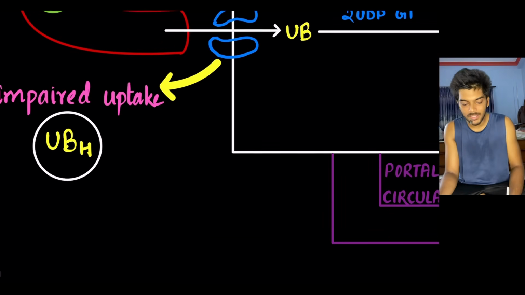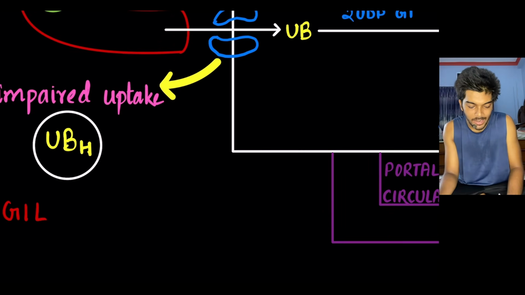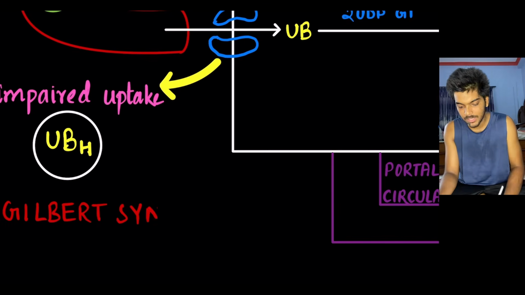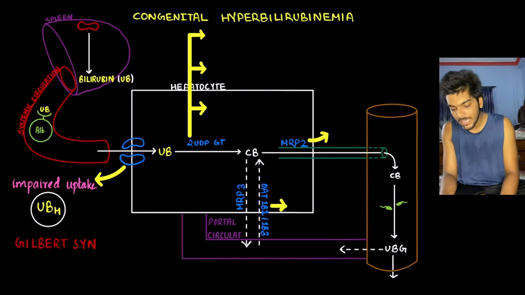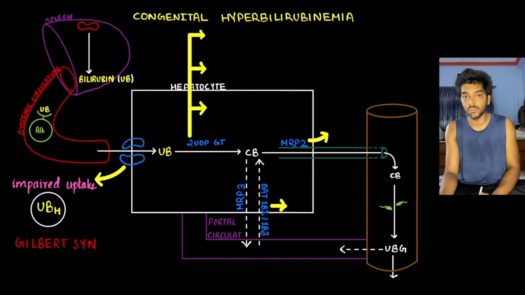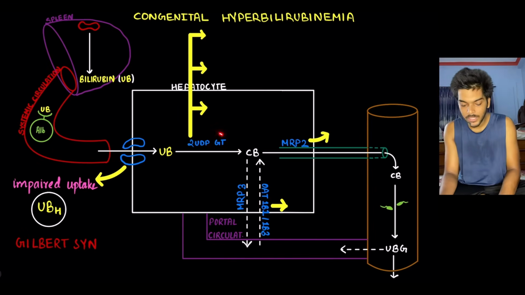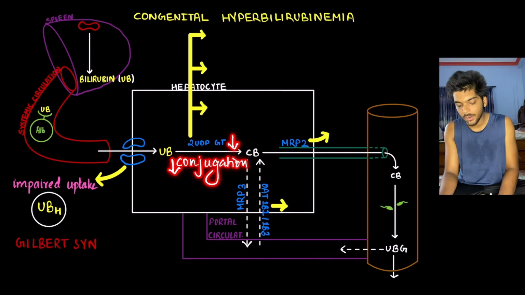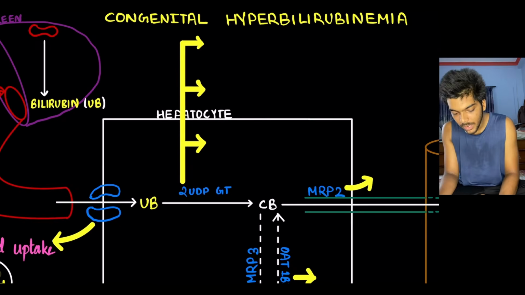And this condition is seen in which syndrome? It is seen in Gilbert syndrome. Okay, so that's the first congenital or genetic defect. Second is a genetic defect that leads to deficient production of glucuronosyl transferase. Glucuronosyl transferase is responsible for the process of conjugation. So if there is deficiency in glucuronosyl transferase, conjugation will not take place, leading to accumulation of unconjugated bilirubin and unconjugated hyperbilirubinemia as well.